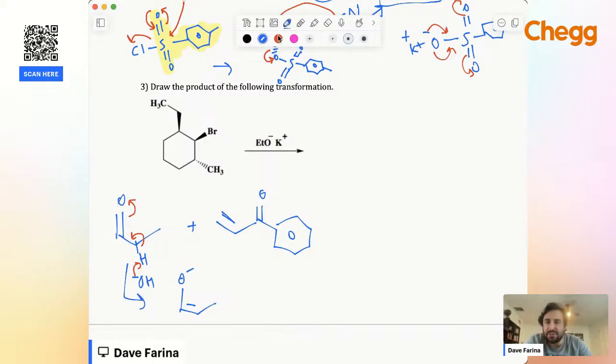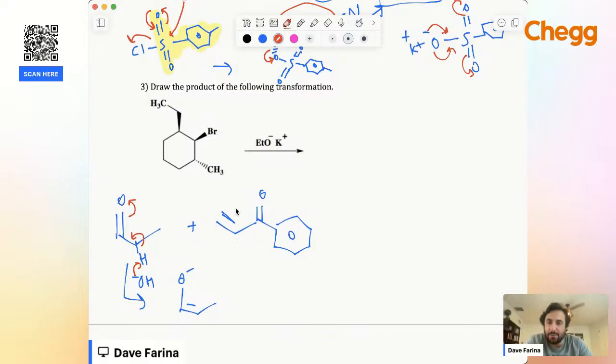And now this is where it's different. This is where Michael addition is different from aldol condensation because it is a 1,4 addition. And so what that means is now, without going and drawing the resonance structure, just imagine there's a resonance structure where this is like that, right? And that would leave a formal positive charge on this terminal carbon.